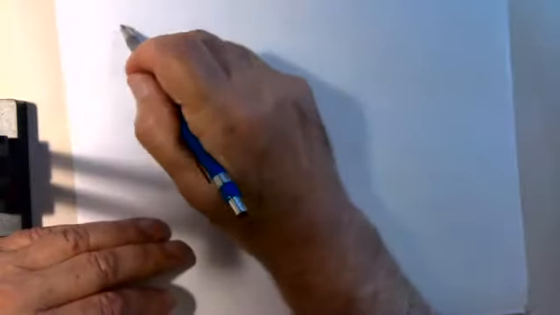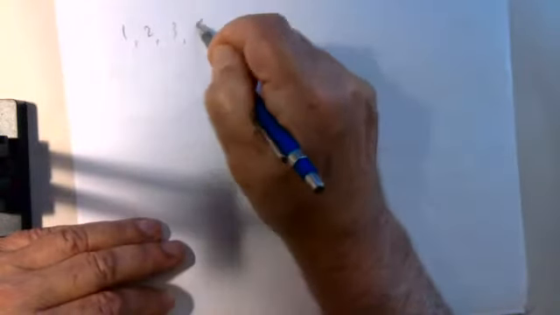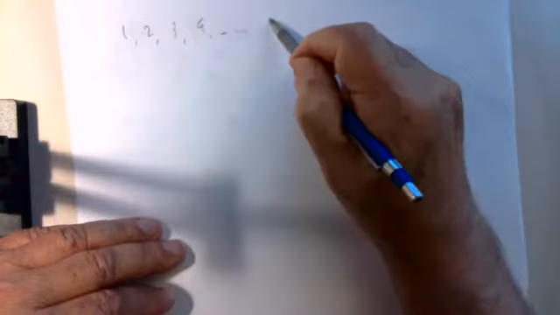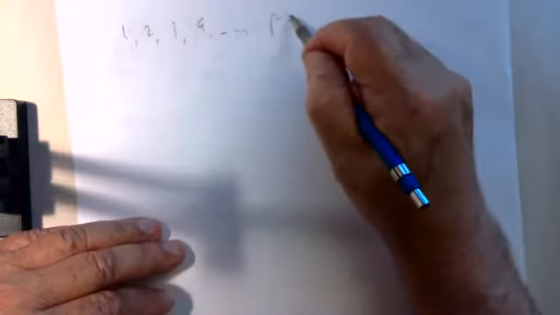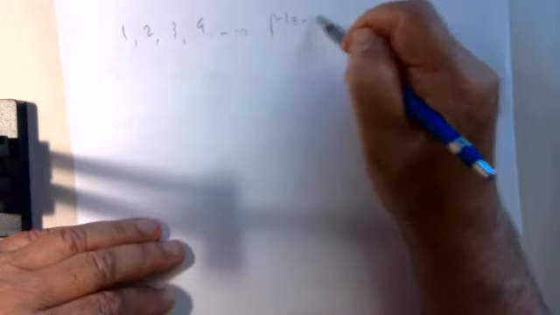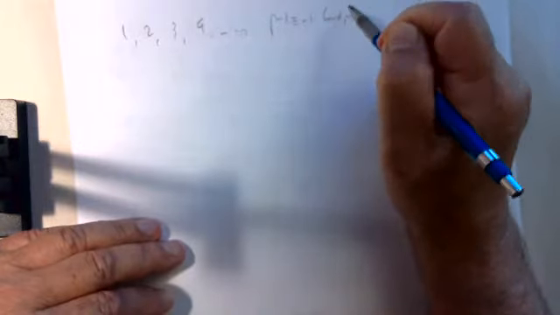If we look at all the numbers 1, 2, 3, 4, up to P minus 1, P minus 1 is congruent to minus 1 mod P.